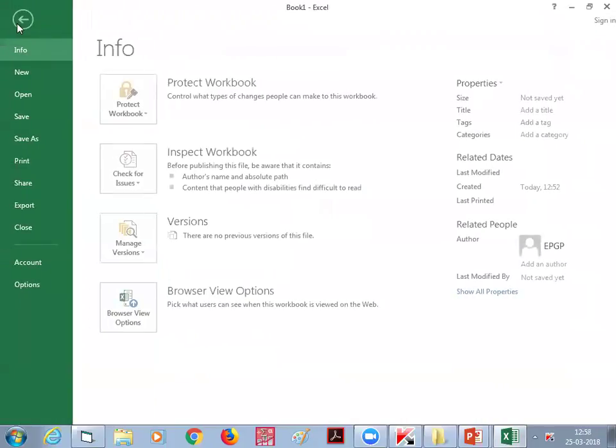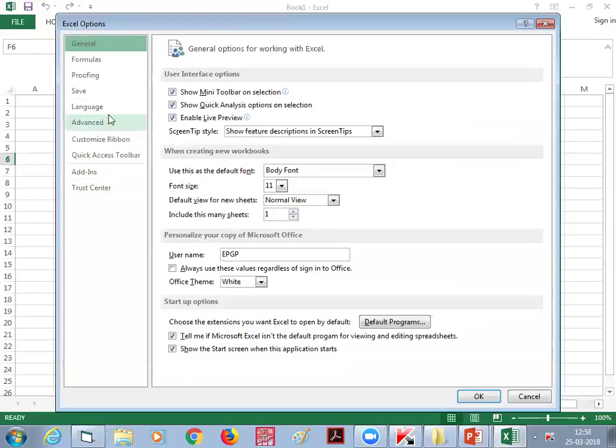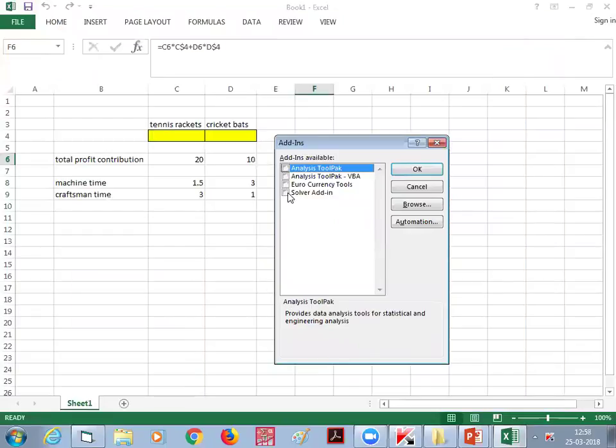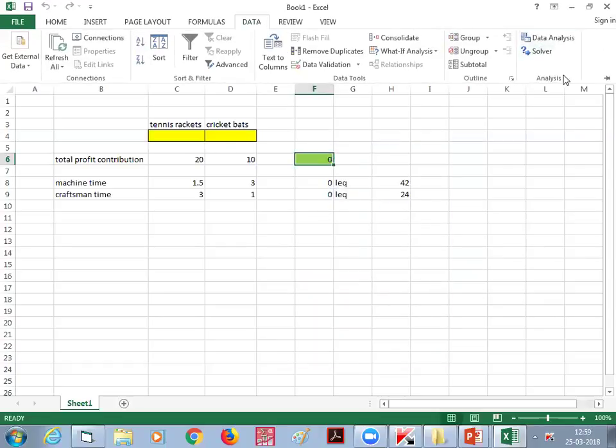We go to Excel options, then on the left-hand side you'll see add-ins. At the bottom, manage Excel add-ins will appear. So go to Excel add-ins, and then click this one. You need the analysis tool pack for descriptive analytics also, but for us, we need solver.